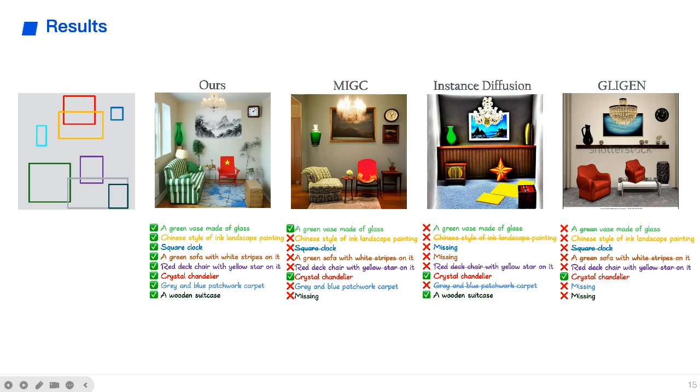With our proposed method, we achieve precise control over both object positioning and visual details. As shown in this example, our method significantly outperforms previous approaches, especially in generating high-frequency details.